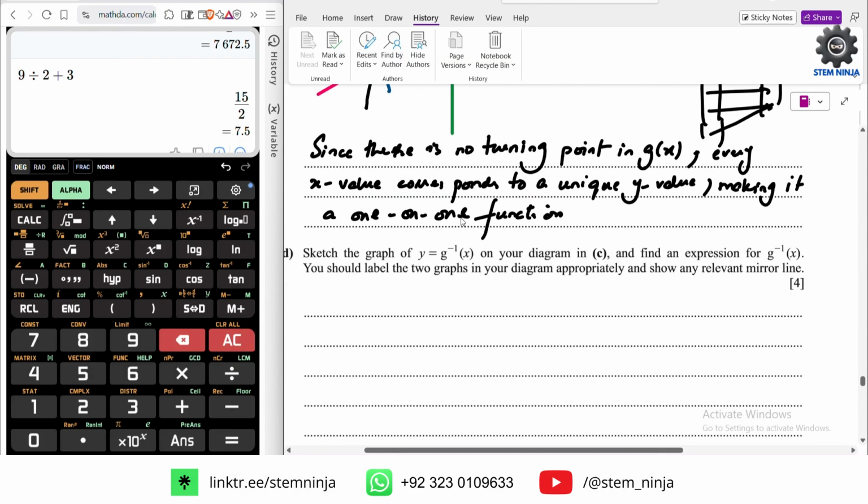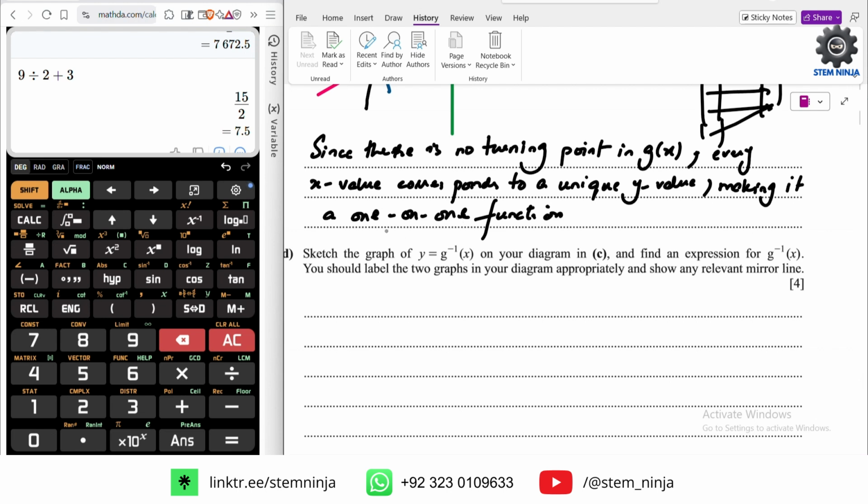Okay, we need the g inverse. We can only find the g inverse for a quadratic function with the help of the completed square form. Otherwise, we cannot do that. So we have minus 2 times x minus 3 over 2 whole squared plus 15 over 2. Now, this is your y. You need to make x the subject.